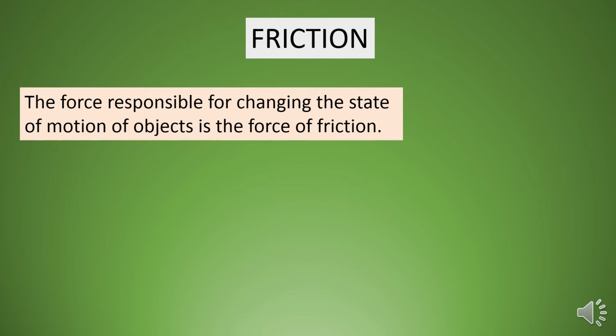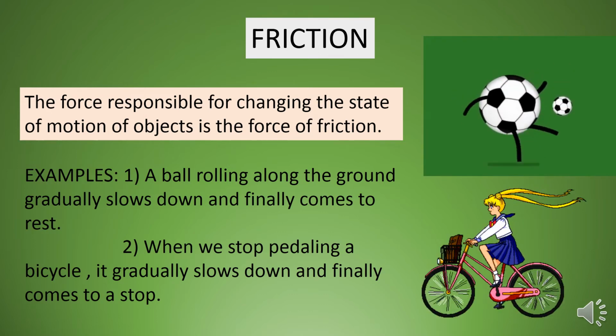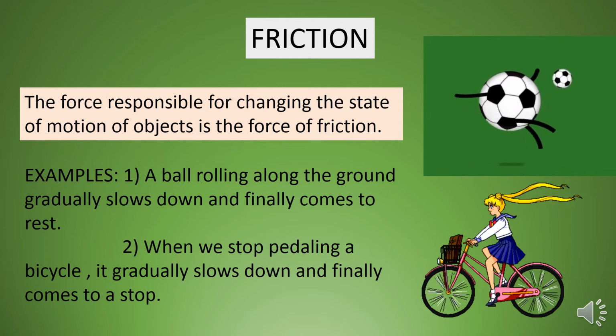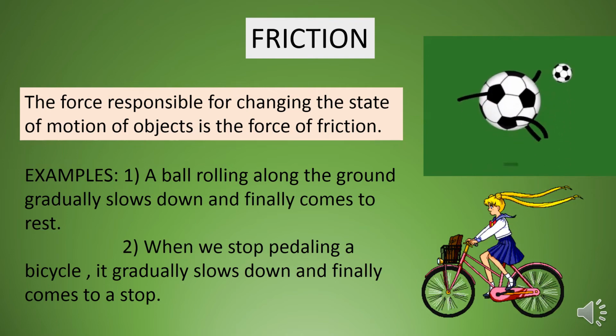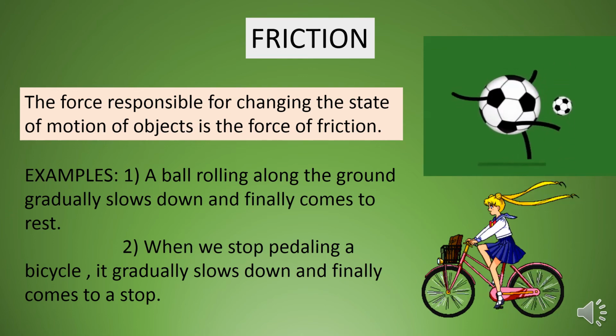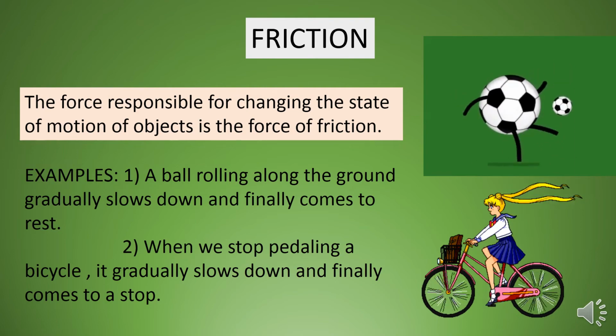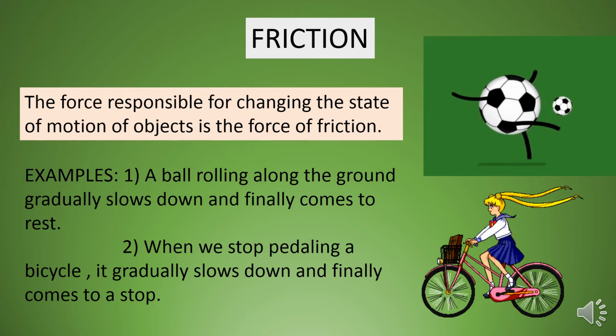And the next thing is friction. So how can we define friction? The force responsible for changing the state of motion of objects is the force of friction. The example for this: a ball rolling along the ground gradually slows down and finally comes to rest. If a ball is rolling on the ground, after traveling a certain distance, the speed of the ball slows down, right?